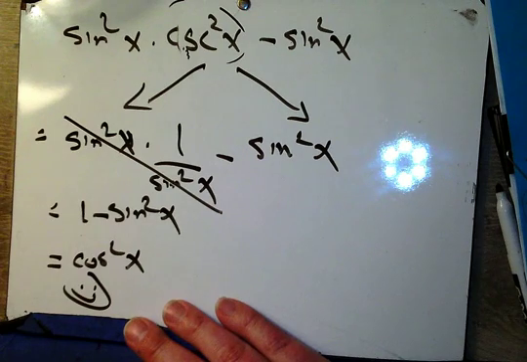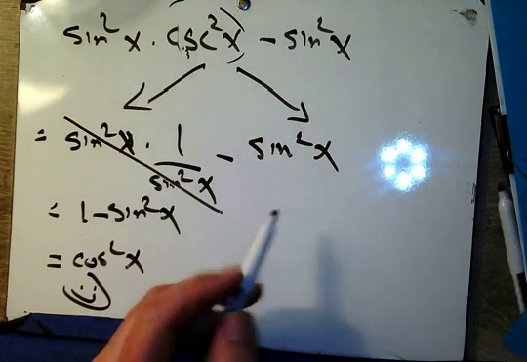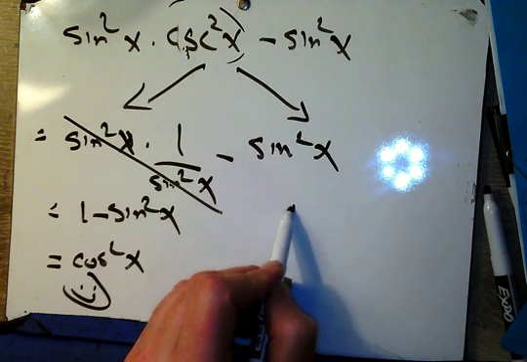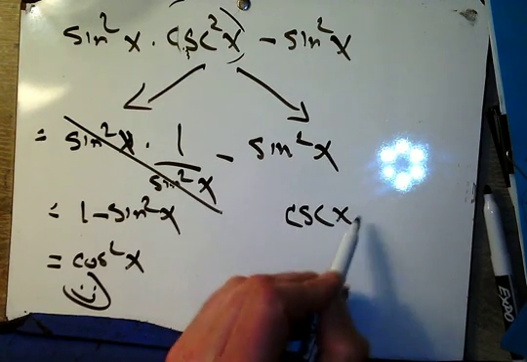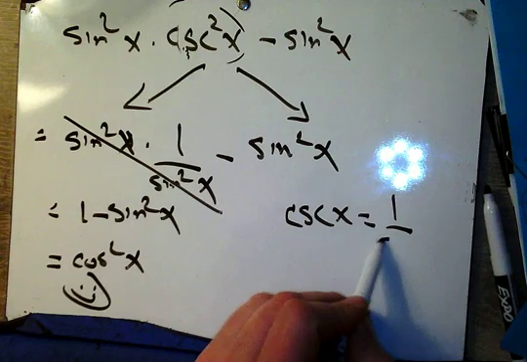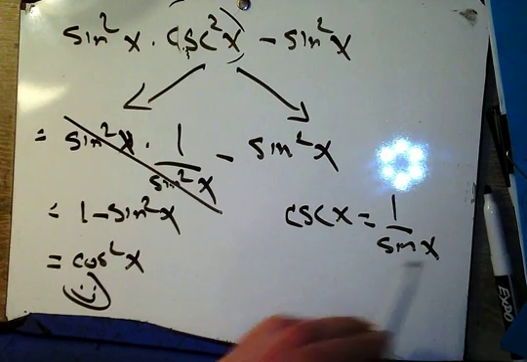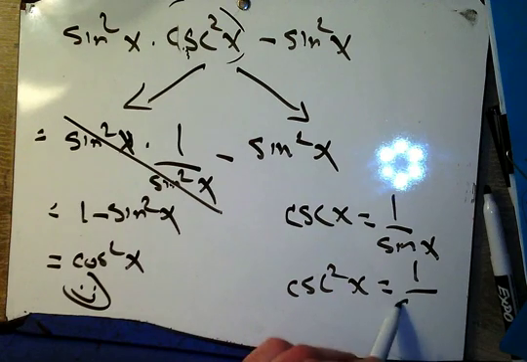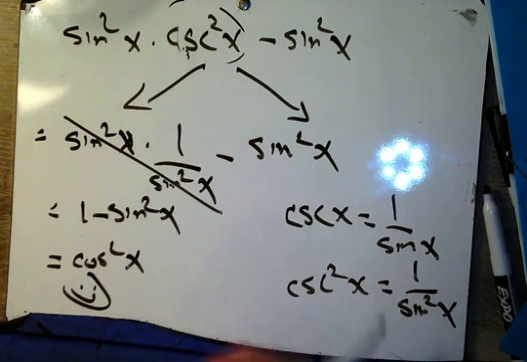Oh, just a note. It is true that cosecant is 1 over sine, and that cosecant squared is 1 over sine squared. That works great. Here's what doesn't work.